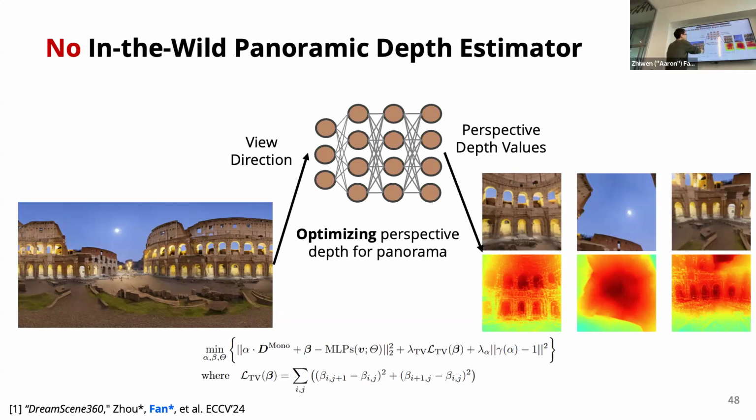We split the panorama into multiple overlapped perspective images, and having these images, we can use a monocular depth estimator, which is well trained. We use a neural network to memorize all of this monocular perspective depth information. After the training, we can use the information within the MLP to render any depth value of the 3D environment.